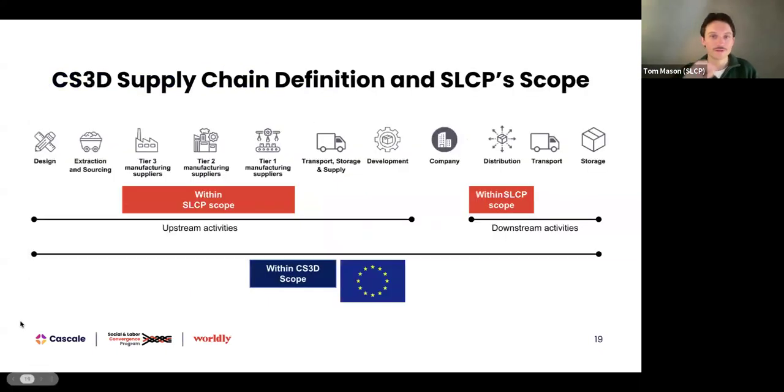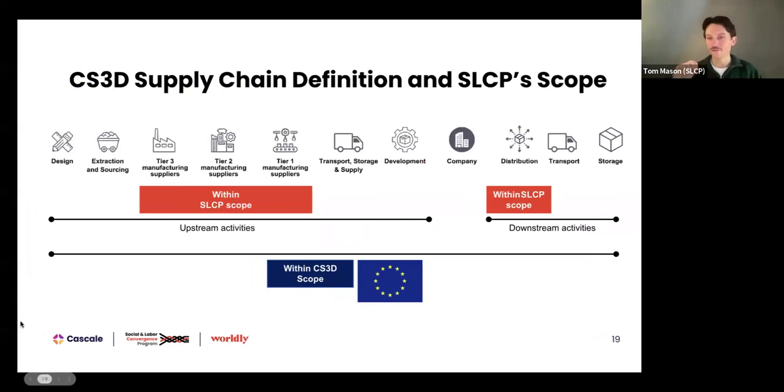Jumping onto the next slide, I think it's really important, particularly in the context of the Corporate Sustainability Due Diligence Directive, which Elizabeth mentioned before, to understand what is actually the role of the FSLM or SLCP. What is our scope, and how does that fit into the broader CSDDD scope?